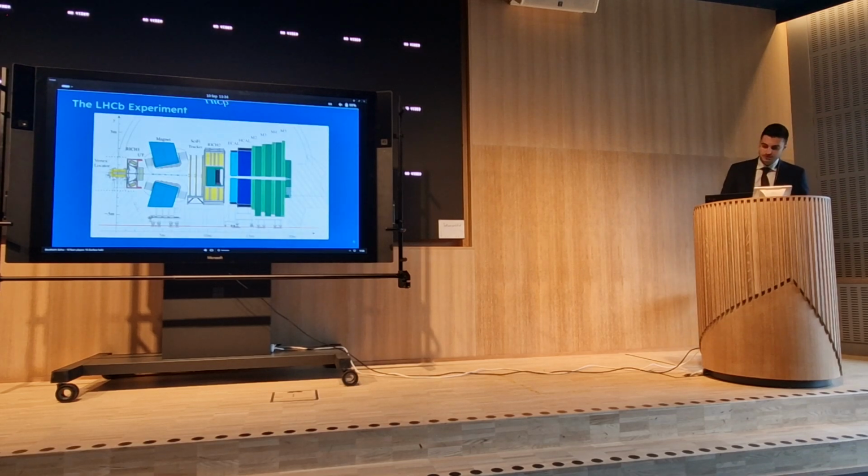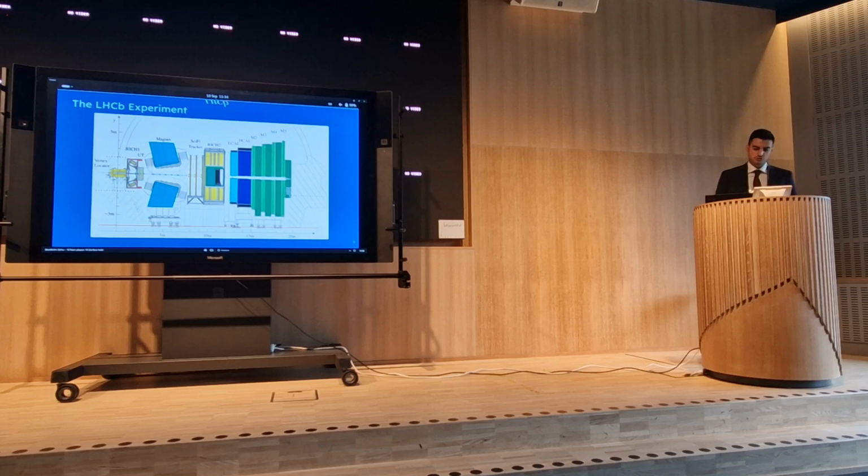Okay, so here is the LHCb experiment, and this is a cross-section of the experiment. Like all physics experiments, it is built in a specific way, with a tracking system to track the trajectory of the particles, a part that does the particle identification, and then calorimetry.